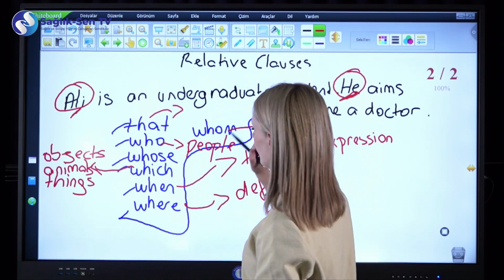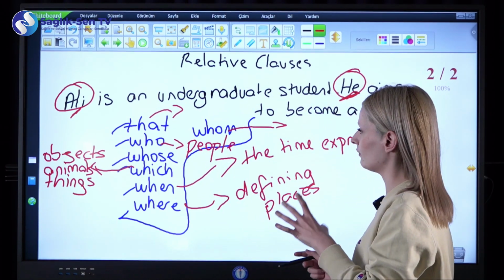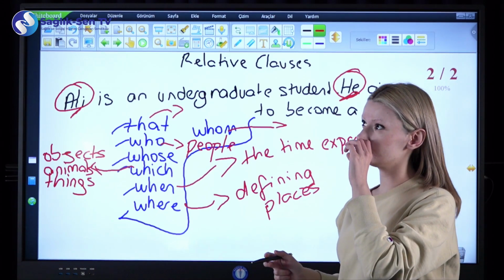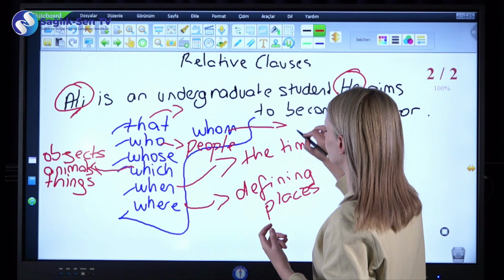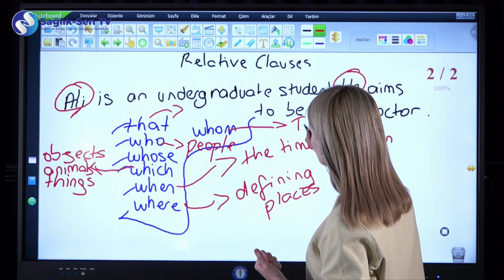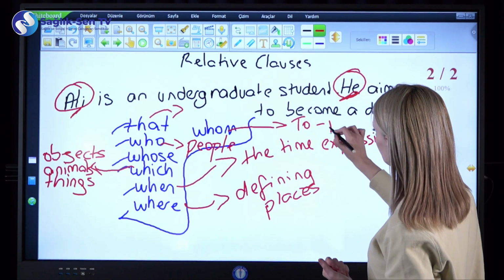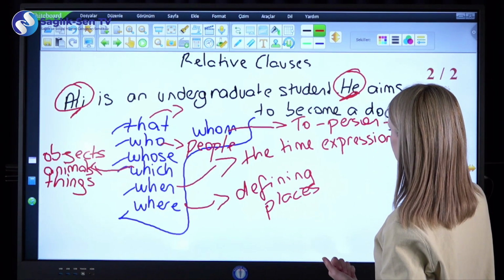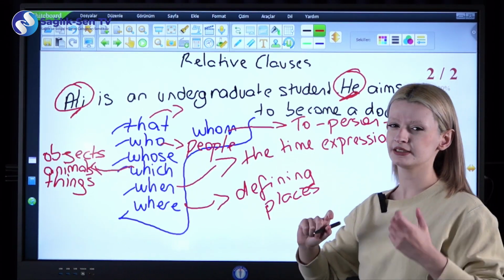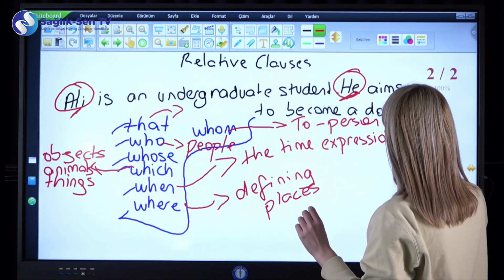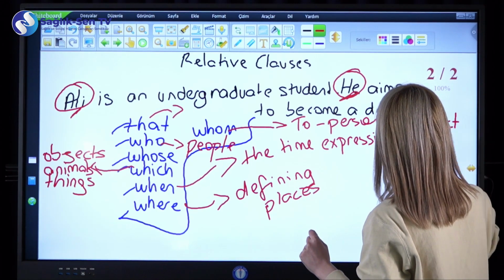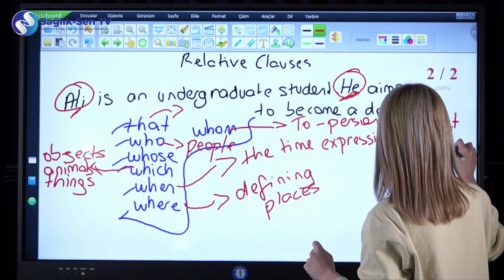And we also have an extra one in B2 level, whom, which we use to omit the to person. What is this? We talked about this in A2, I guess, and our rule was object pronouns.